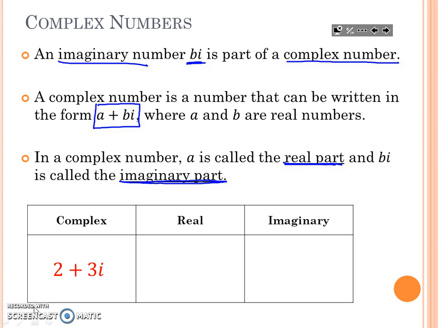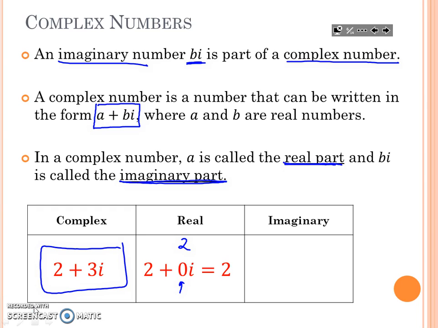Okay? So for example, a complex number could be 2 plus 3i. That's a complex number. A real number that we're used to doing, a real number could be 2. So if I'm writing 2 as a complex number, I would write 2 plus 0i, because there is no imaginary part to that. 0 times i would just give me 2.